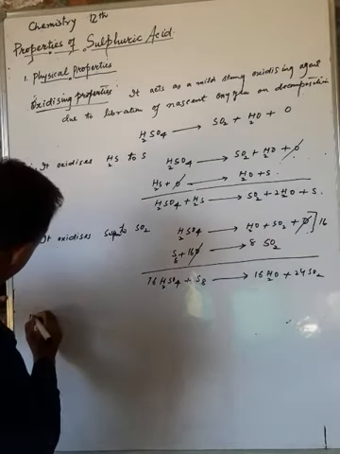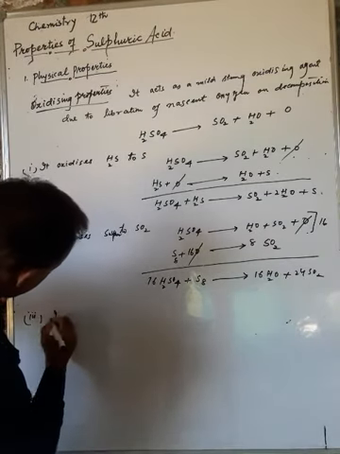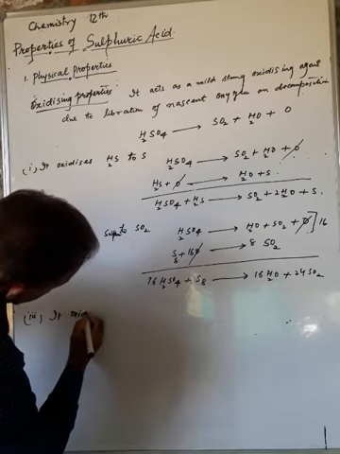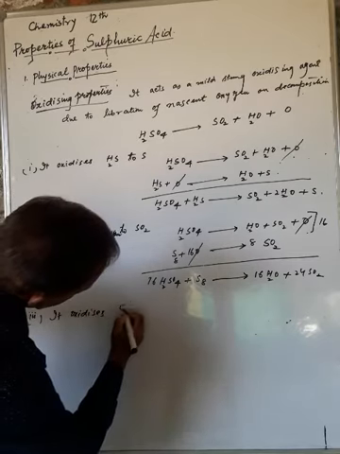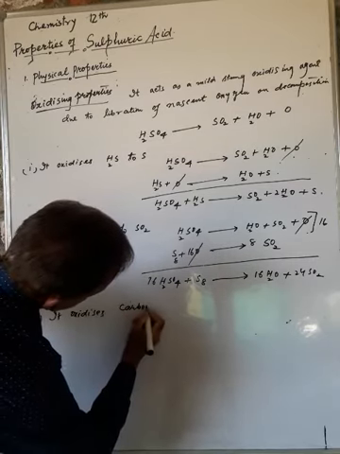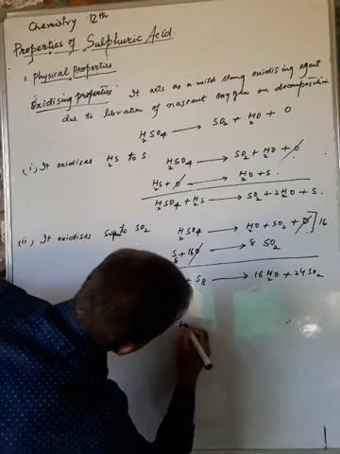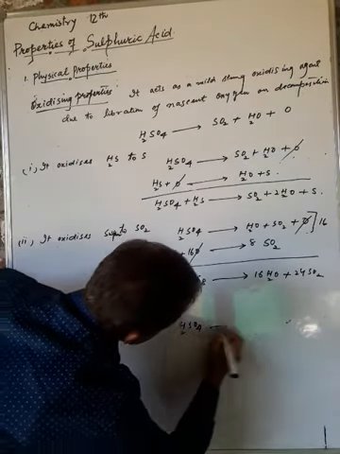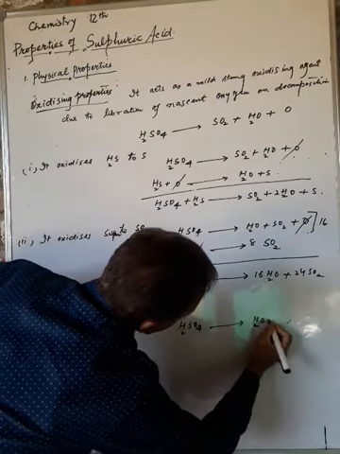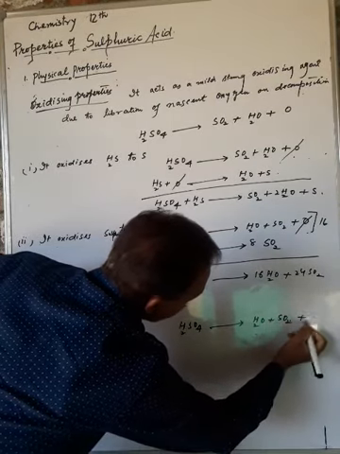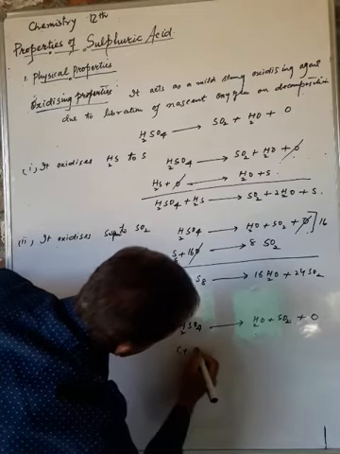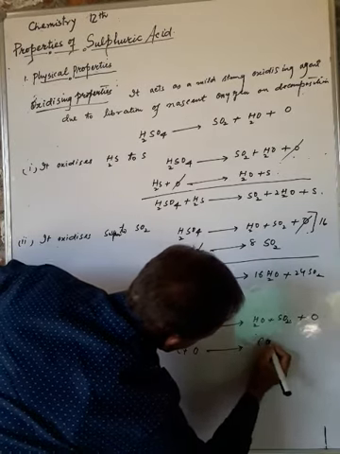Next, it oxidizes carbon to carbon dioxide. H2SO4 gives H2O plus SO2 plus O. Carbon plus O gives CO2.